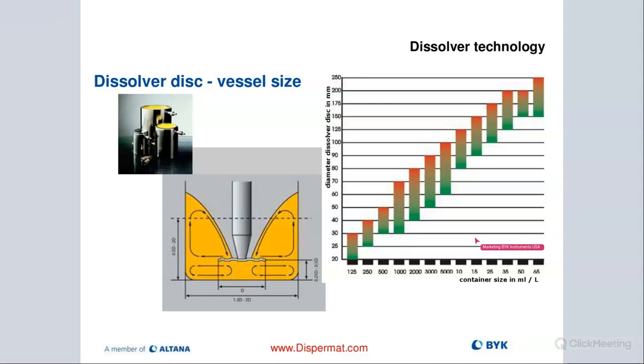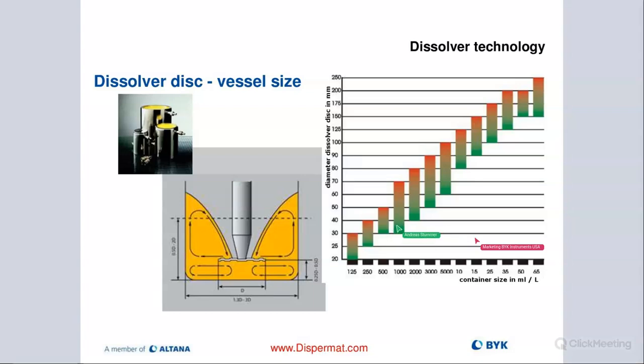You can see right there on the right side is a chart, and that shows you on the bottom the different container sizes in milliliters. And you can clearly see that there is not one blade that fits every container. So we have actually a range. If I take a 1 liter container, which is about a quart, I can use a 30 millimeter blade all the way up to a 70 millimeter blade, depending on the viscosity. So if my viscosity is super low, almost like water, I would use a 30 millimeter blade.